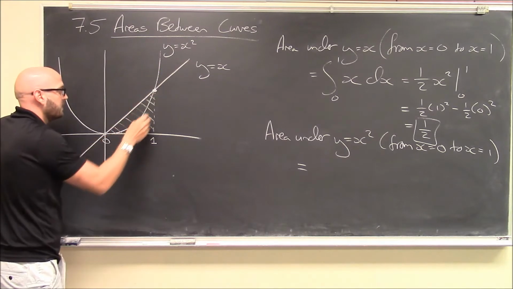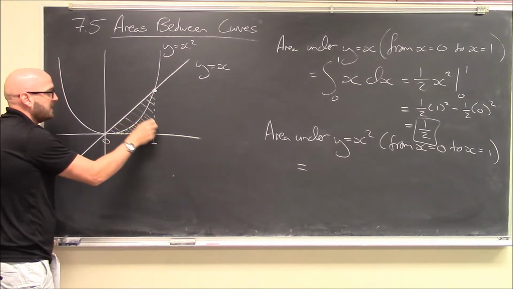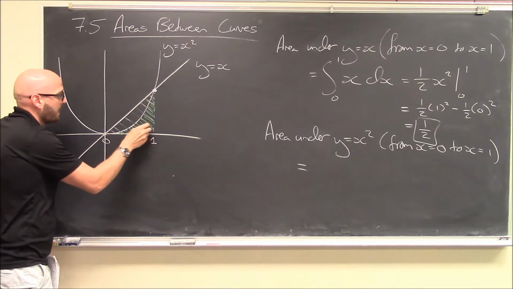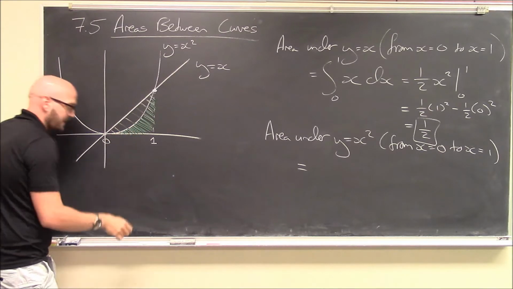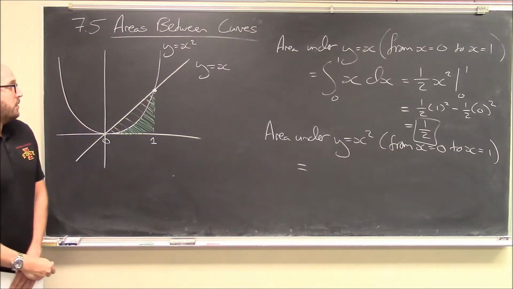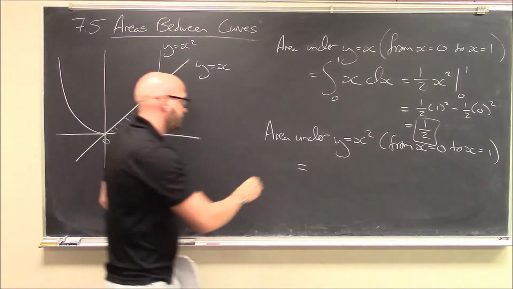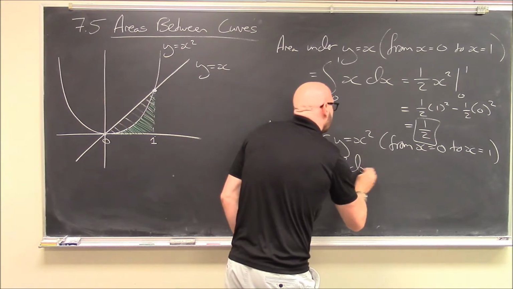That would be the area under the parabola, so this shaded region in green. Hoping the camera has enough contrast that this shows up nicely. Well, that's the integral of the function y equals x squared from 0 to 1. So that's the integral from 0 to 1 of x squared dx.